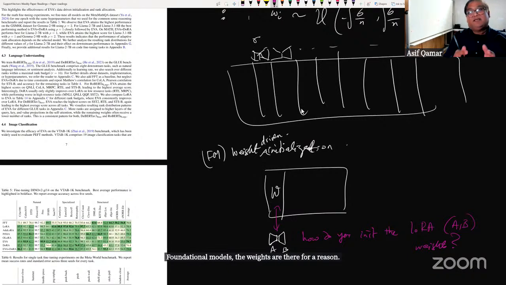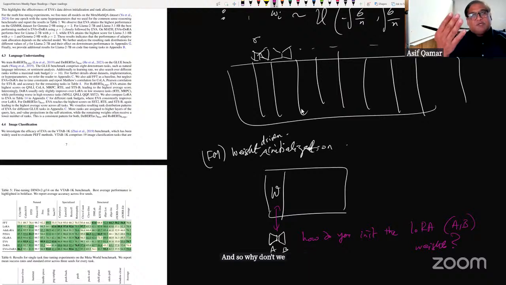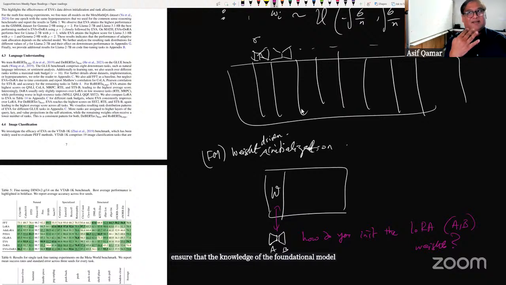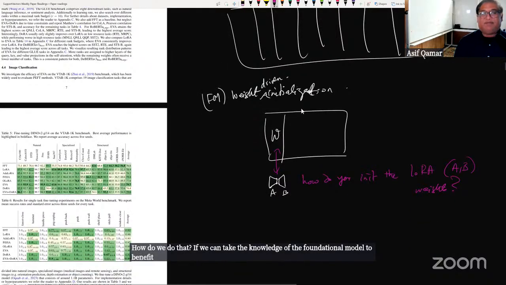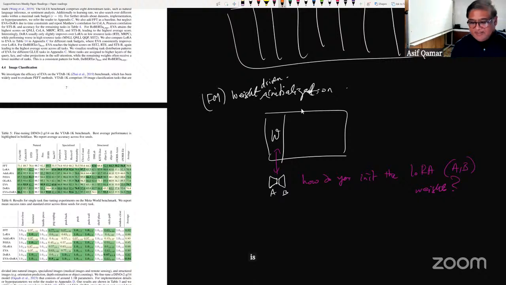It has picked specifically those weights because it has learned something, right? So why don't we ensure that the knowledge of the foundational model informs our choice of the LoRA weights? Are we together? If we can take the knowledge of the foundational model to benefit this, then we would have a winning situation. So what people do is they do something called SVD, singular value decomposition.